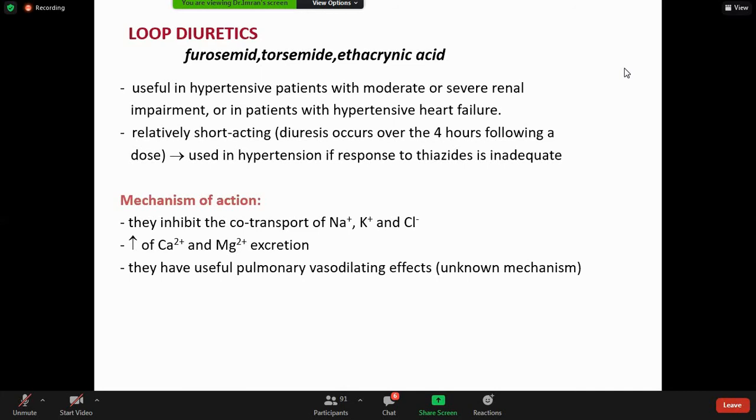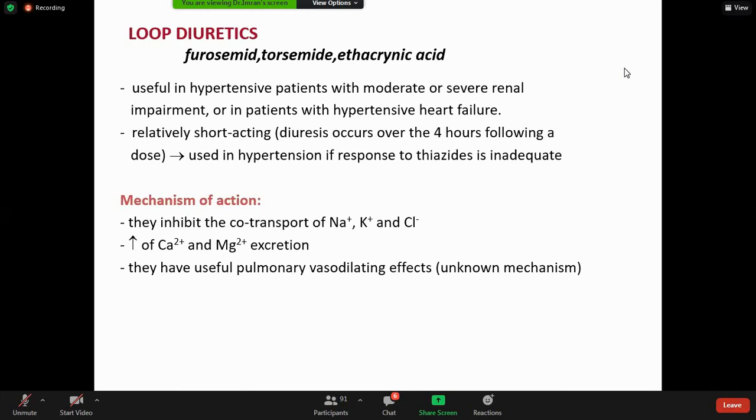The ascending loop of Henle. Let me check the reply: thick ascending loop of Henle. Very good. Thick, because after the descending loop of Henle there is a thin segment, and again the upper portion is the thick segment. So the ascending thick segment of the loop of Henle.